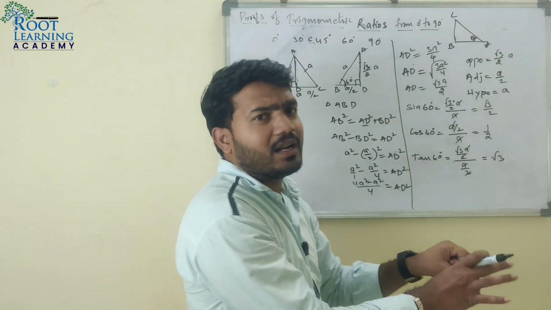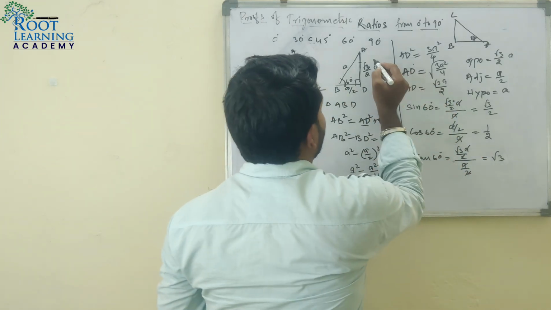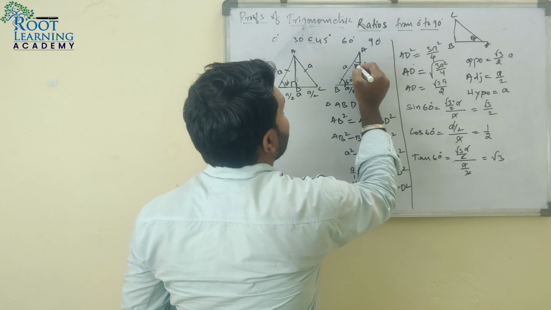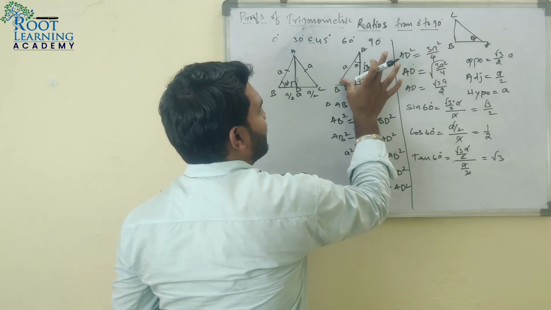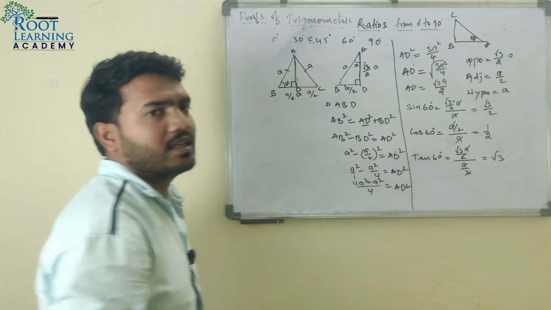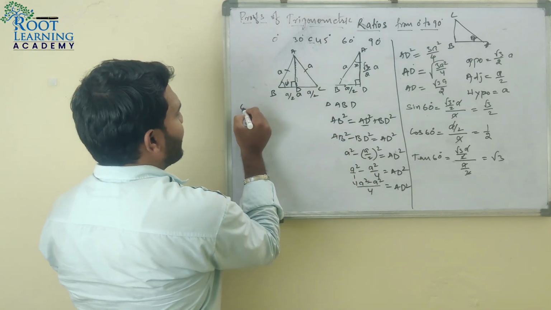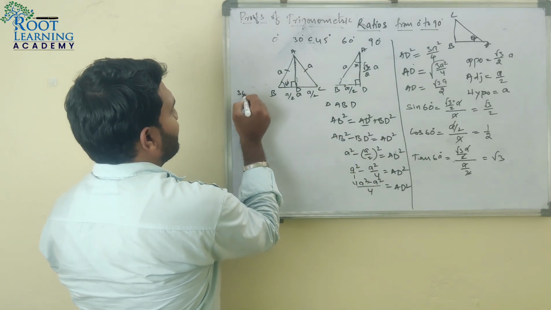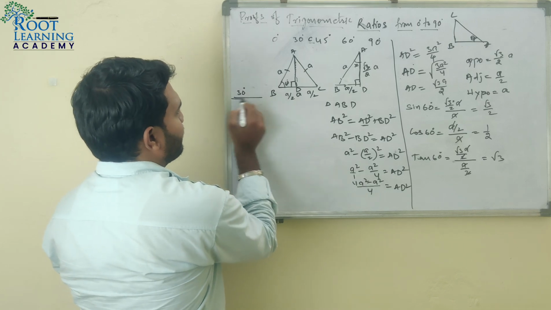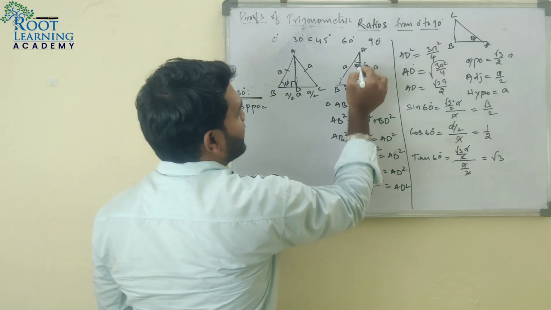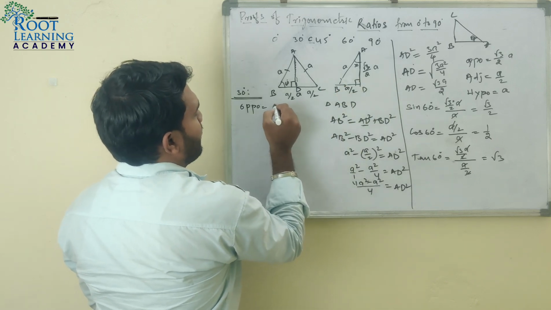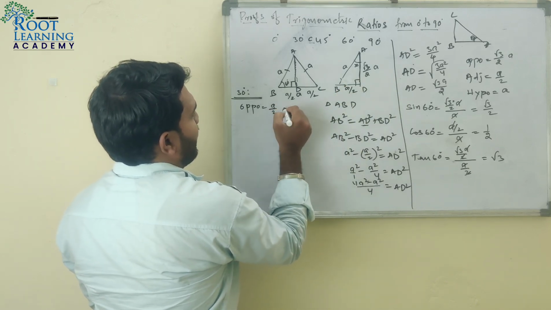From the same figure, we can find the values for 30 degrees. Same triangle, I am finding for 30 degrees. Now, what are the values here? Opposite side according to 30 degrees, according to this angle, this is the opposite side: A by 2.